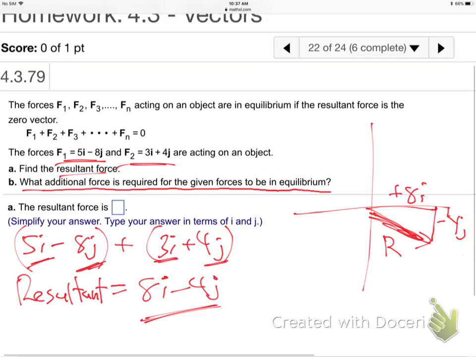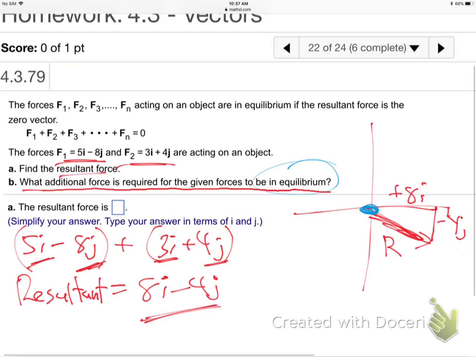So therefore, this resultant force, they're saying, what if this is the result, down and to the right like that, what other force, right? What additional force is required? Because if you just had an object, say we just had a little ball right here, and you push down and to the right, that ball is going to go down and to the right, unless an equal and opposite force comes in and pushes back, then the ball won't move.